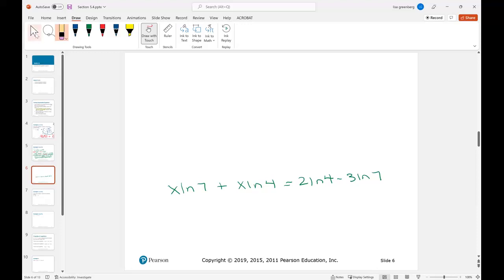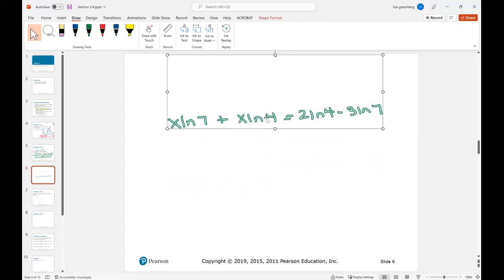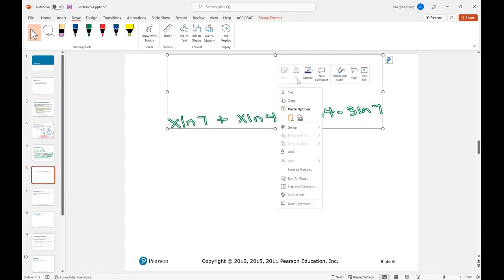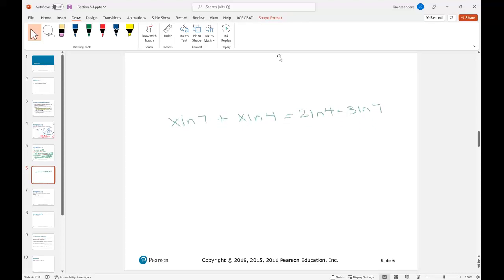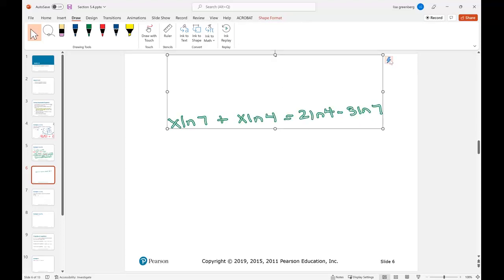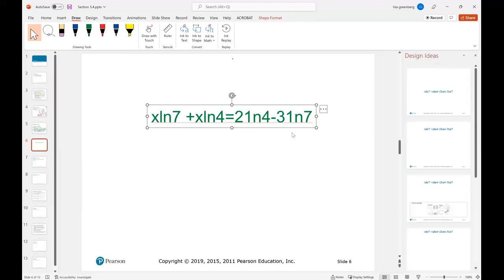Okay, let's move this up. How can I get this? Let's try this. Nope, that's not going to work. Oh, okay. That actually might have worked better.